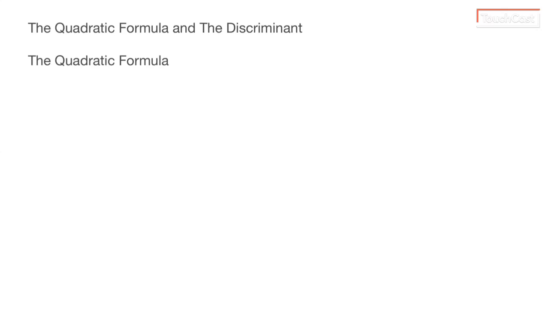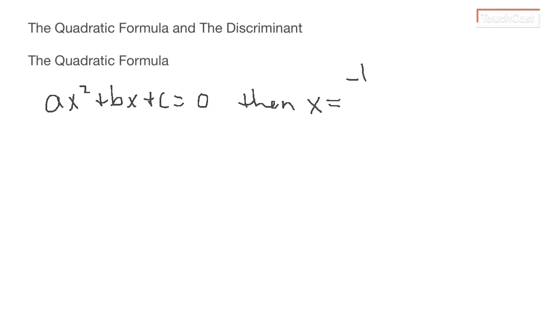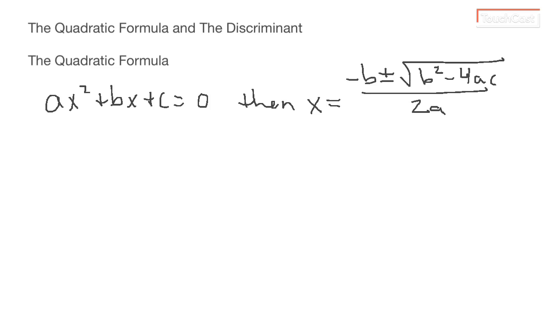if you have ax squared plus bx plus c is equal to 0, then we can say that x is equal to the opposite of b plus or minus the square root of b squared minus 4 times a times c, all divided by 2 times a.